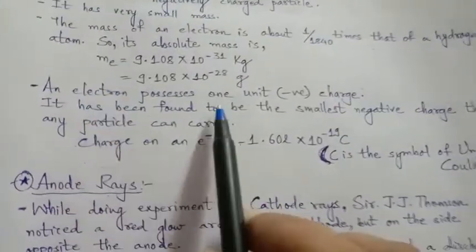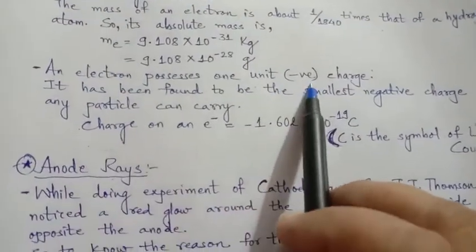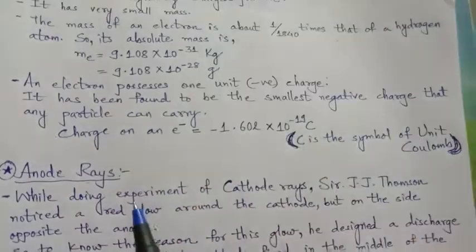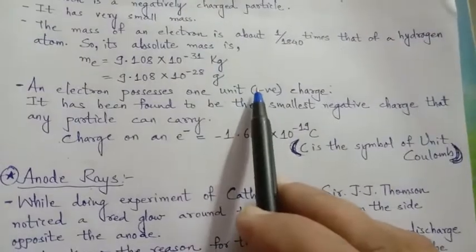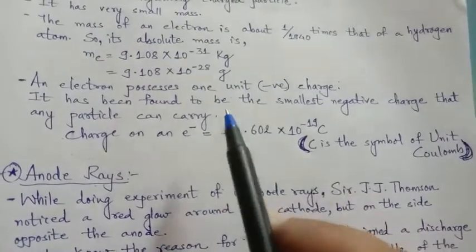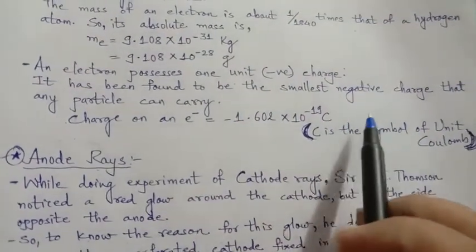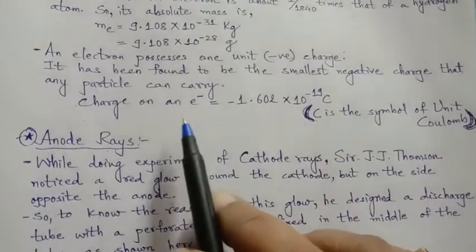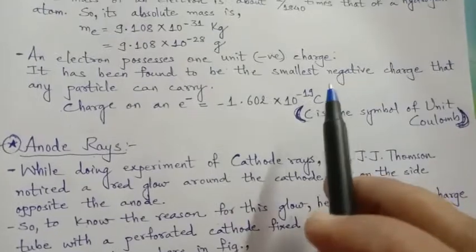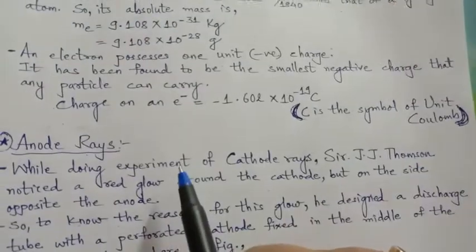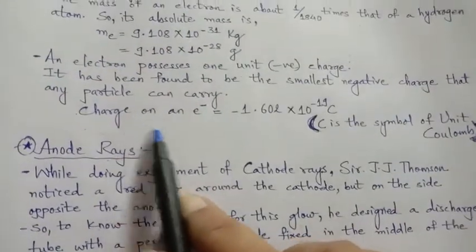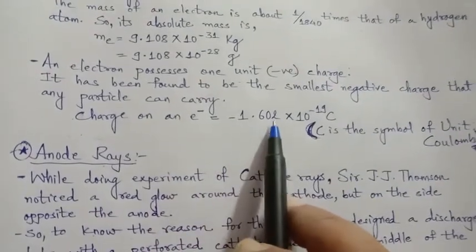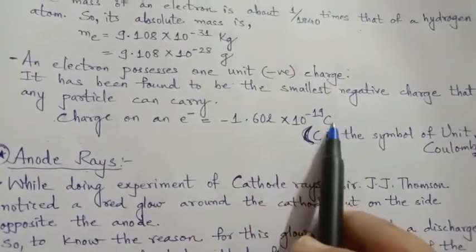An electron possesses one unit of negative charge, and it has been found to be the smallest negative charge. As it has very little mass, it is the smallest particle, so it carries the smallest negative charge that any particle can carry. No other particle can carry this small a charge. The charge of an electron is minus 1.602 into 10 raised to minus 19 coulomb.